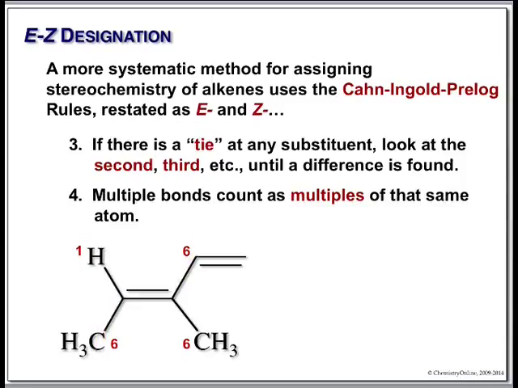Now the rules, just like the rules we use for E and Z and for R and S, right? What we do is we say, okay, we've tied on this carbon. What is this carbon attached to? 3 hydrogens. Double bond counts twice here. So this carbon is attached to this carbon twice and to a hydrogen.